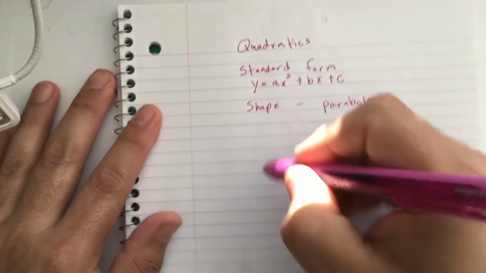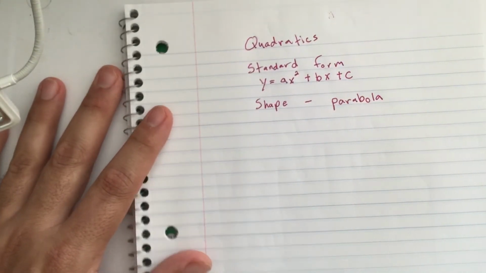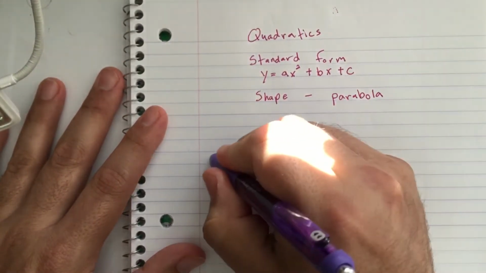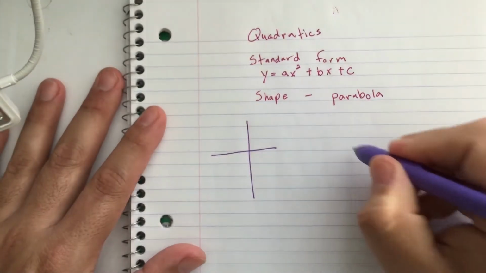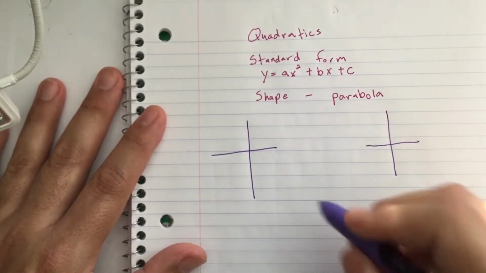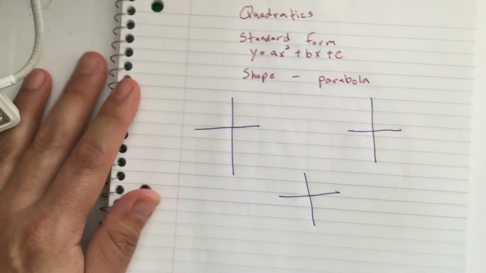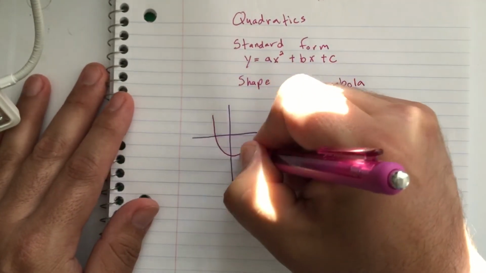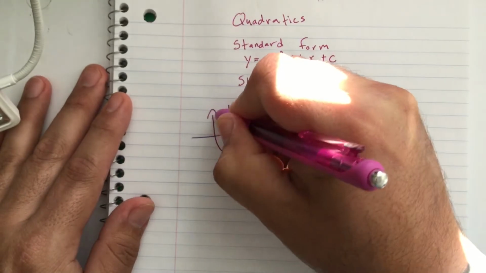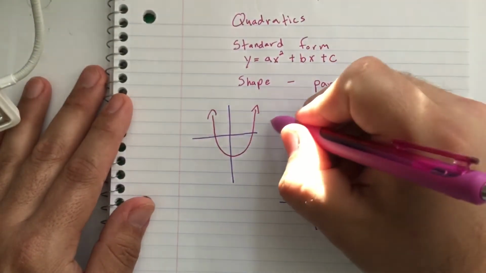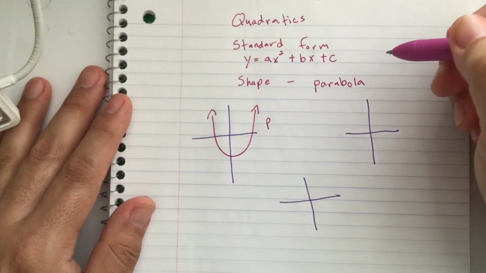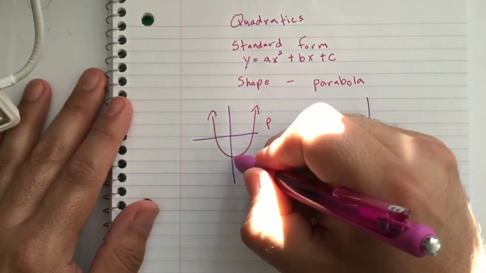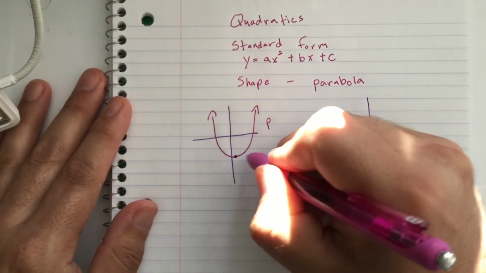All right, and so here I'm going to draw a couple of examples of a parabola, and we're going to talk about some key features. Okay, this could be a parabola. Notice there's something very specific. This is a parabola. This one opens up. Whenever it opens up, you have your vertex right here.